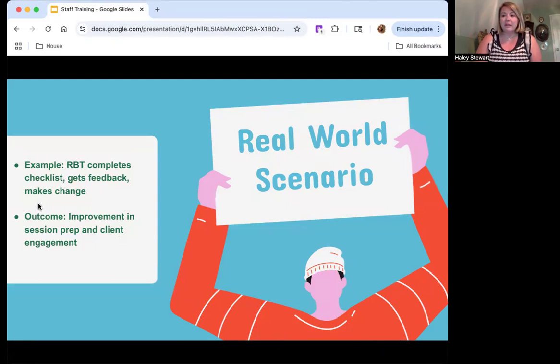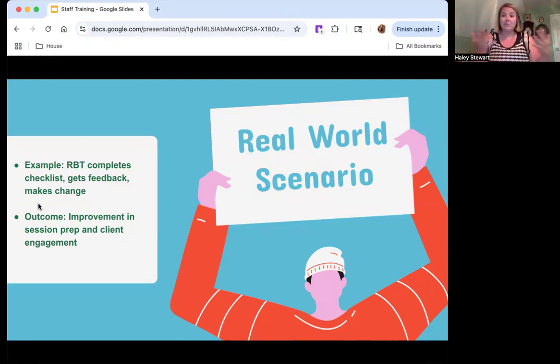So I want everyone to think for a second about yourself. In a real world scenario, we've given an RBT a checklist, so they complete the checklist, they get feedback, and then they act on those changes.